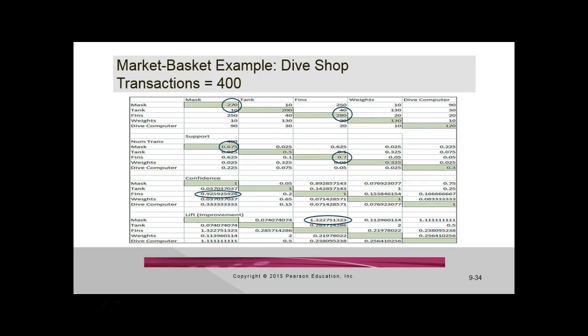But if a mask was bought along with it, that goes down to 3%, right? So that's a negative relationship. If someone bought a tank, they're less likely to buy a mask, right? 50% overall, so it must mean if they're buying a mask, they probably already have a tank, I guess. They're not getting set up.